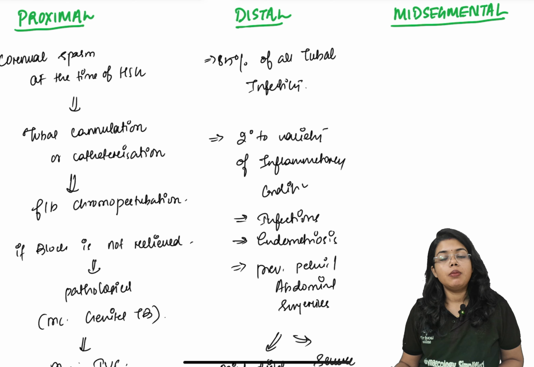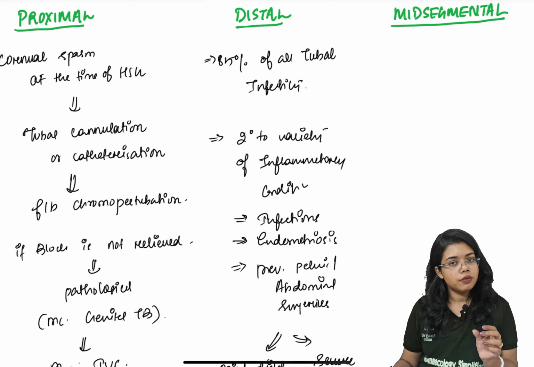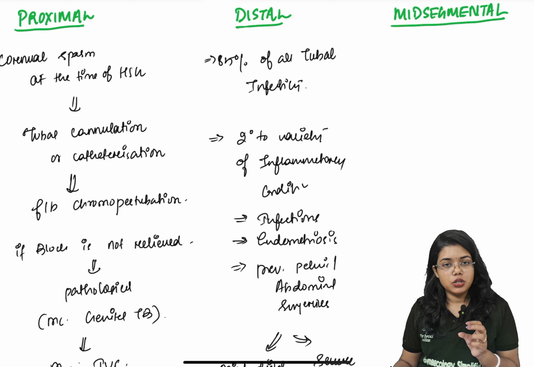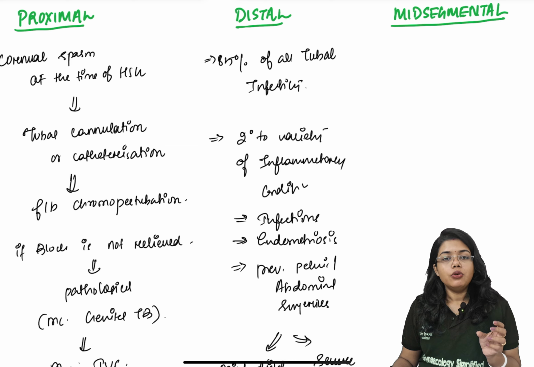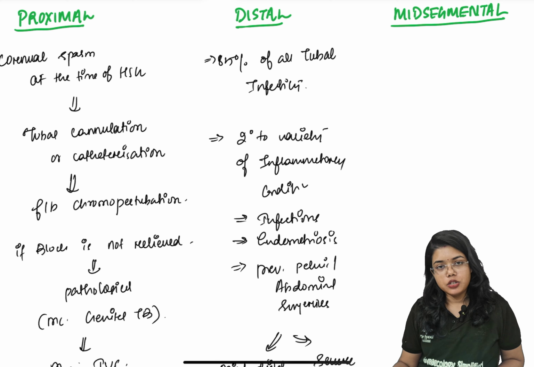Okay, then coming to the mid-segmental block. Mid-segmental means in the middle of the fallopian tube. So mostly that is because of the tubectomy, that is bilateral tubal ligation, done as a family planning operation. So the most common occurrence is in tubectomy patients, and the treatment is recanalization.